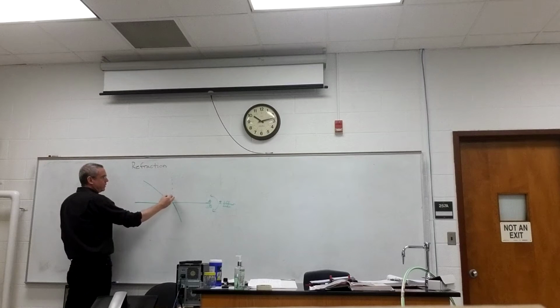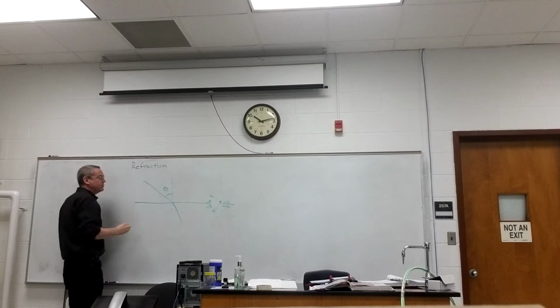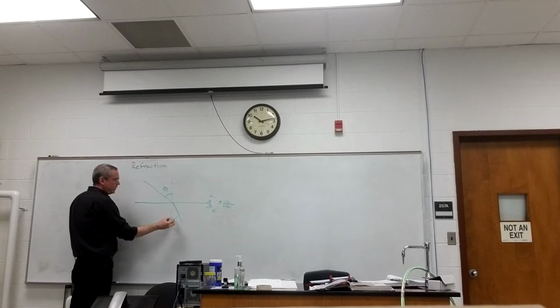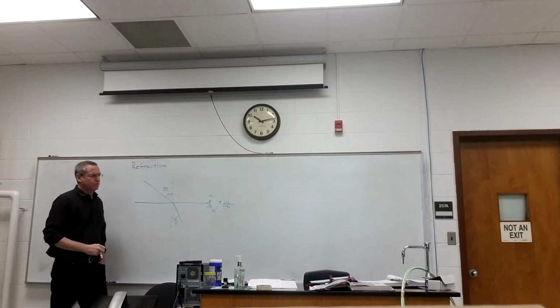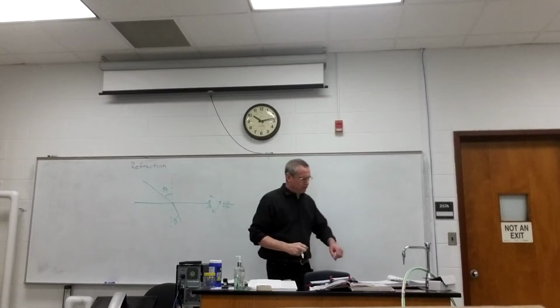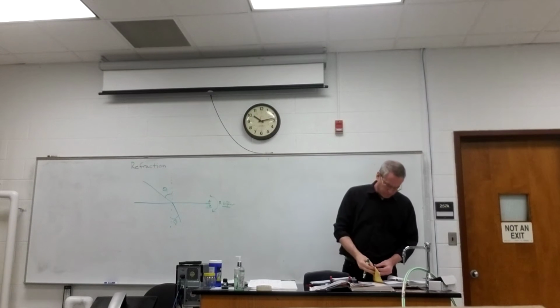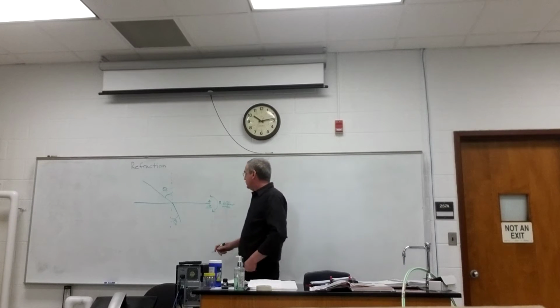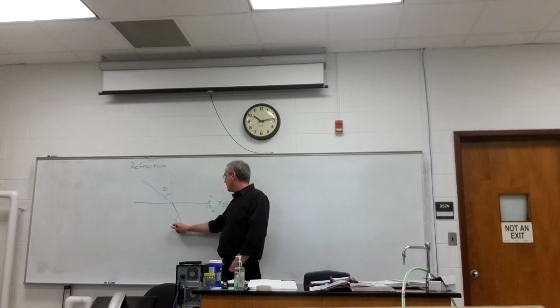In terms of angles, we have the angle of incidence and the angle of refraction. Unfortunately, refraction and reflection start with the same letter. I'll stick with theta I and theta R for right now.